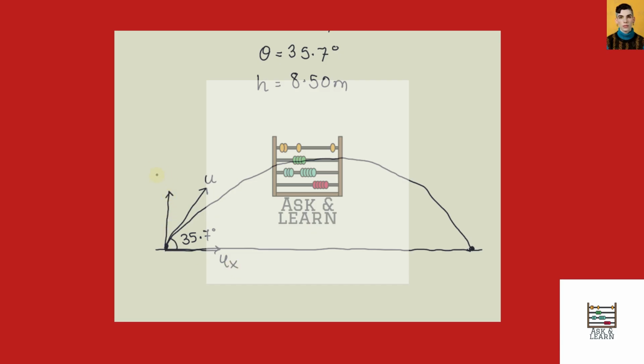Now they are saying that at this height, h is equal to 8.50 meters. If we draw a straight line like this, in this path the ball is hitting this height twice.